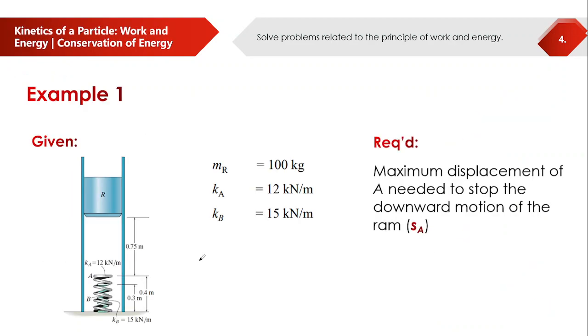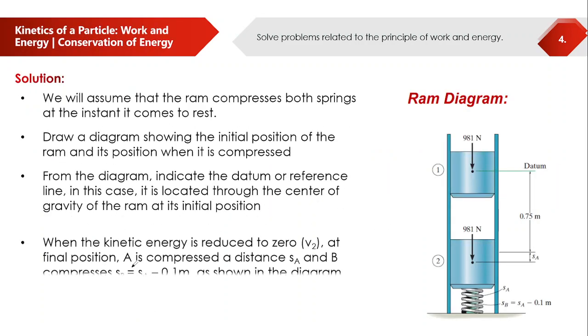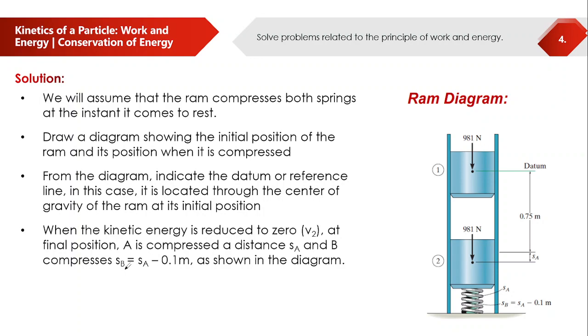Kasi ito yung distance niya from the A tsaka yung B. Kasi nga, 0.4 yung distance ng spring A natin from the ground. Tsaka distance naman ng unstretched length ng spring B natin is 0.3. Therefore, their difference of their elevations from the ground is 0.1, no? Therefore, yung pagkuha natin sa compressed distance ng spring B natin is S sub A minus 0.1 meter. Yun lang, no? As shown in the diagram.